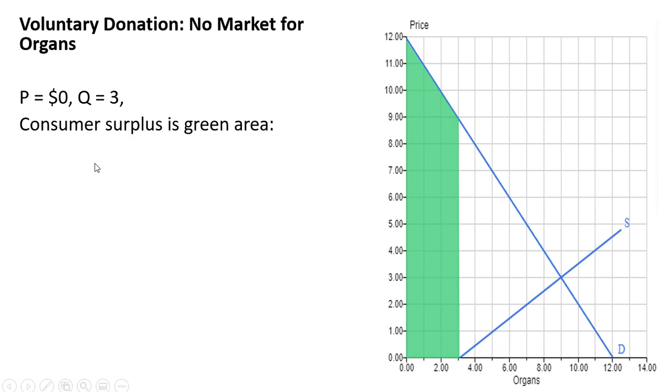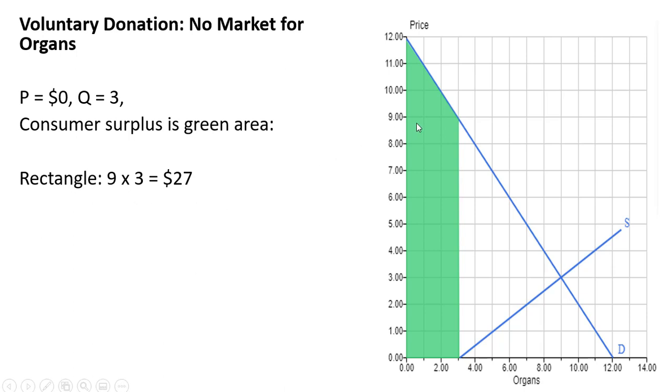Now let's look at voluntary donation and calculate the total surplus in the market. The price is 0 and the quantity is 3. So 3 units are brought to the market at a price of 0. Consumer surplus is going to be the area between the height of the demand curve and the price. So it's going to be this green area right here. We can break that area up into two sections.